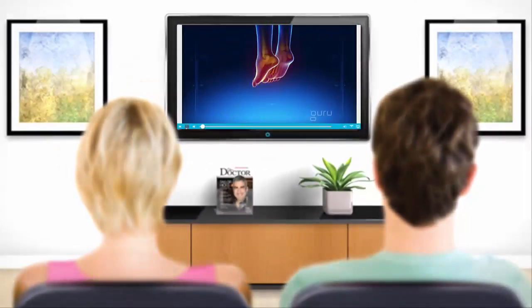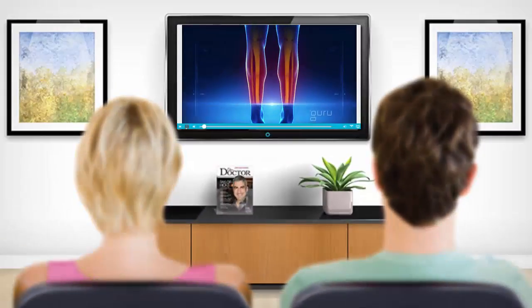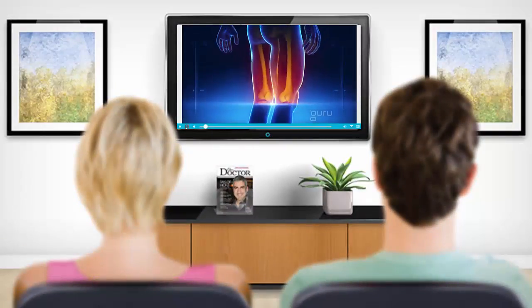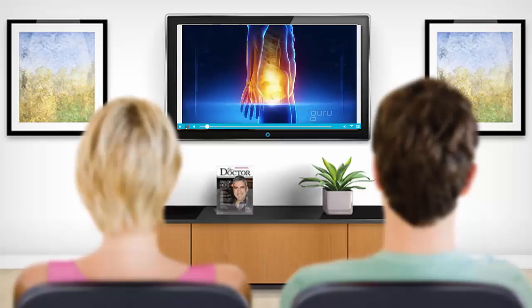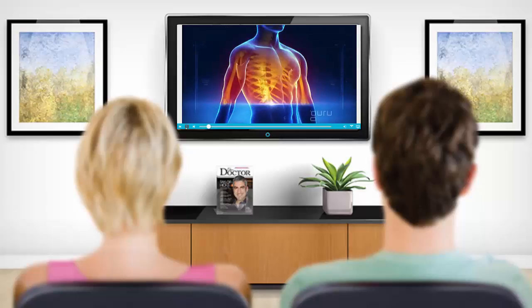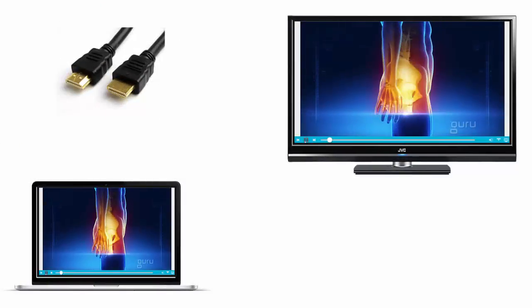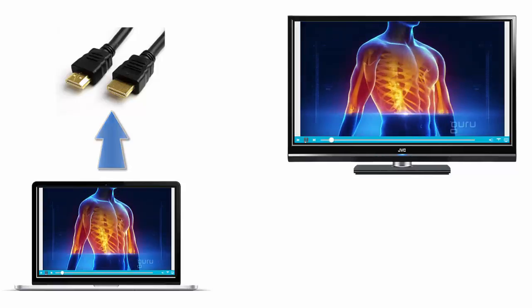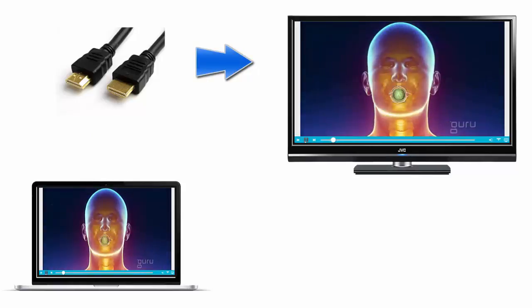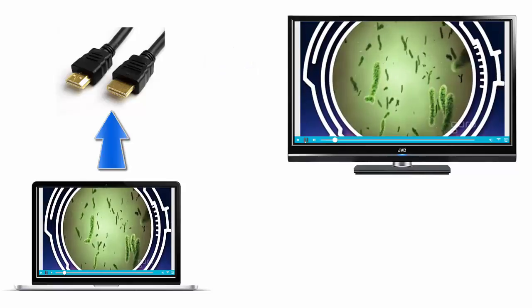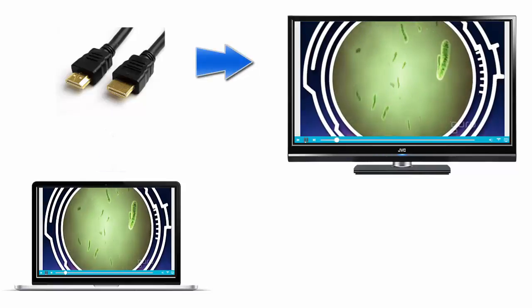All right, now that we have our lobby loop created, the next thing we're going to do is get it onto the screen that we will be displaying the loop on in our lobby area. The way that we're going to do this is by hooking up an HDMI cable to a computer that is running Guru and that will run that loop. I've seen this set up a couple ways depending on what the practice is like.